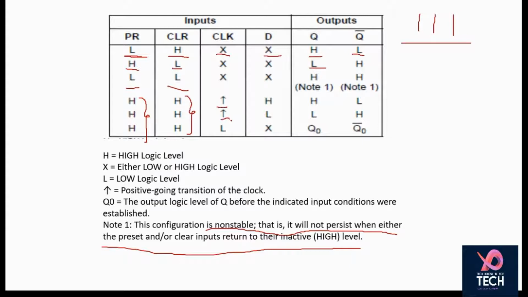So when the clock is there, depending upon whether it is positive edge triggered or negative edge triggered, you will provide D and you will get that at the output. You will provide low, you get the low at the output. And if your clock is not working, whatever you may provide does not matter. Your previous state will be retained.